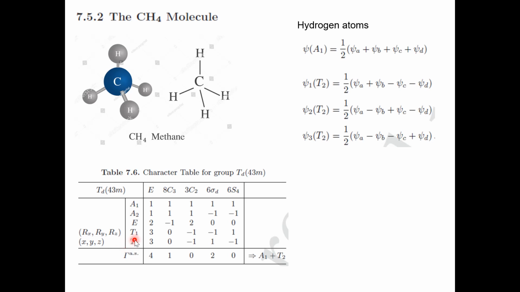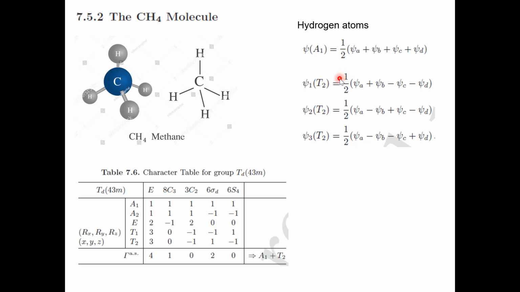So once again, one can construct linear combinations of s orbitals for the hydrogen atoms. I'm not going to do this. It's an exercise that you can do, but since we have done that already a few times, I'm not going to do that. I'm just going to give you an answer.